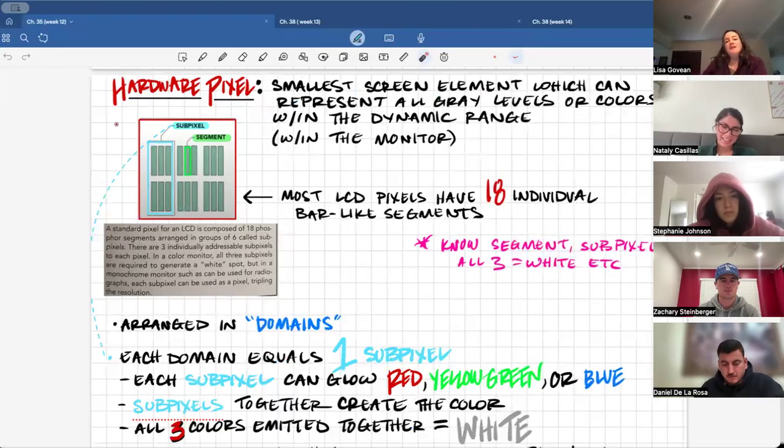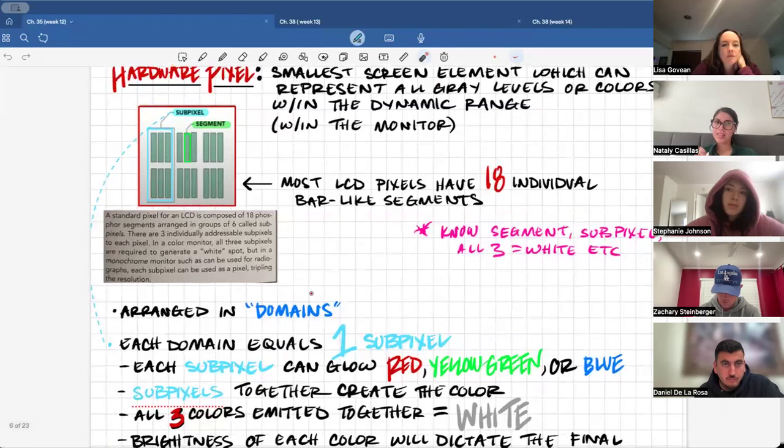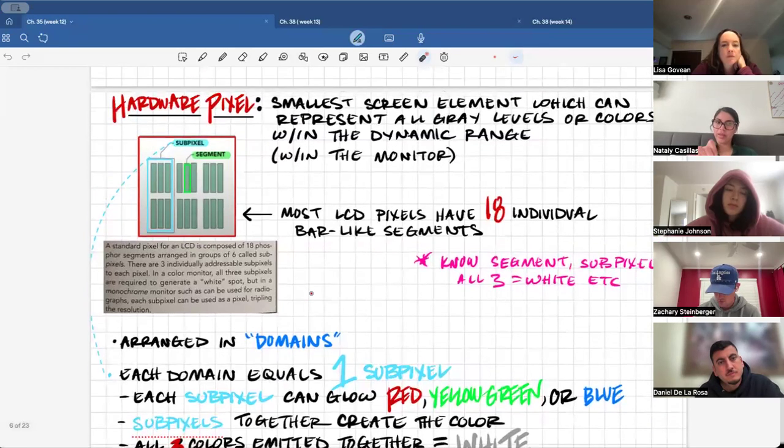I think it's confusing because we already have in our heads a definition of a pixel from elsewhere in our studies, so it's hard to separate this out because it's a different thing with a similar name. So what I'm understanding, correct me if I'm wrong, is that the subpixel and the word domain can be interchangeable.